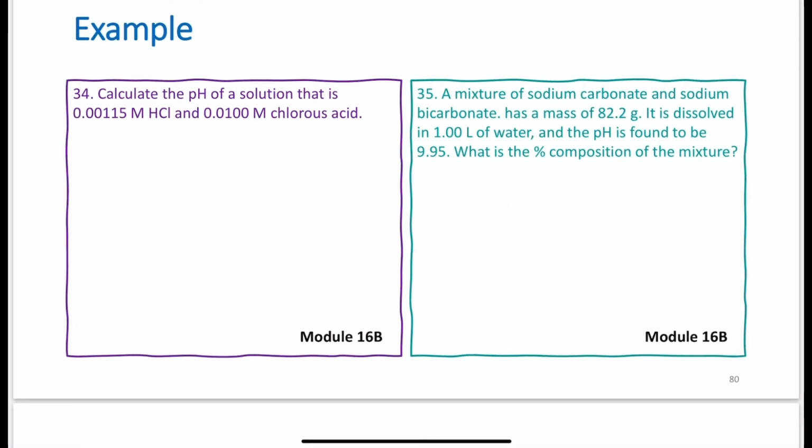Number 35, calculate the pH of a solution that has 0.00115 molar HCl and 0.01 molar chlorous acid. Okay, let's think about what you got here. You have got HCl, which is a strong acid. You've got chlorous acid, which is a weak acid.